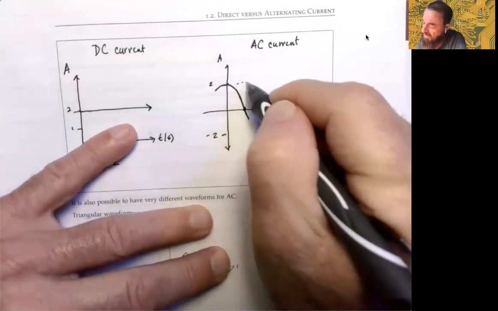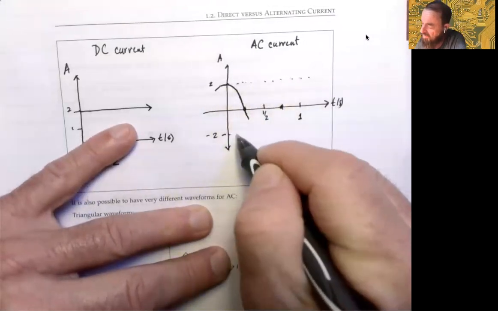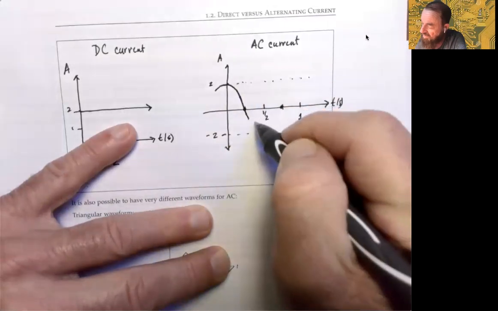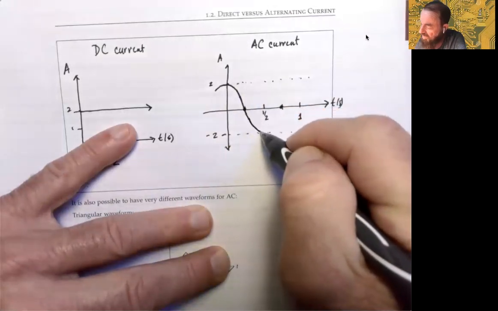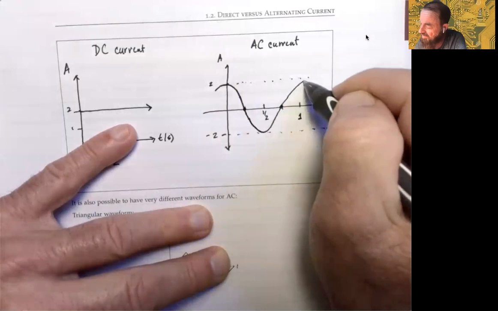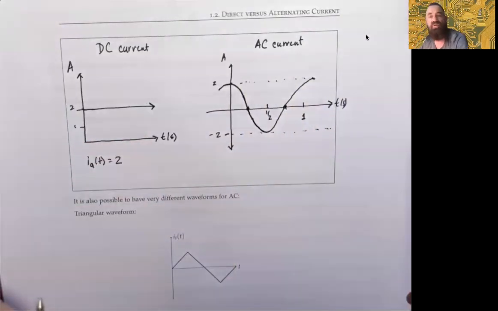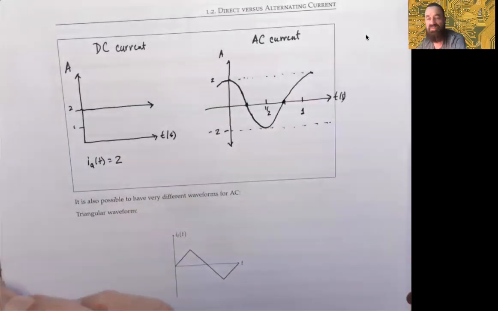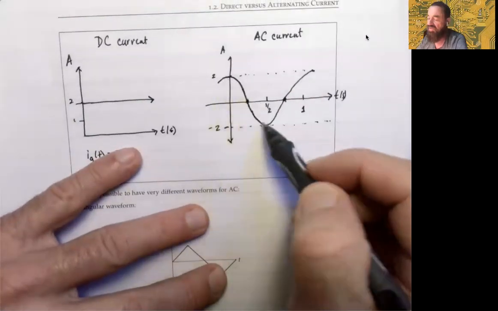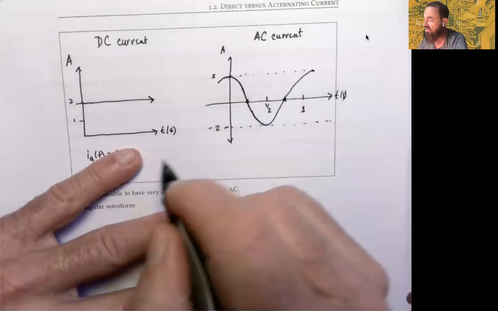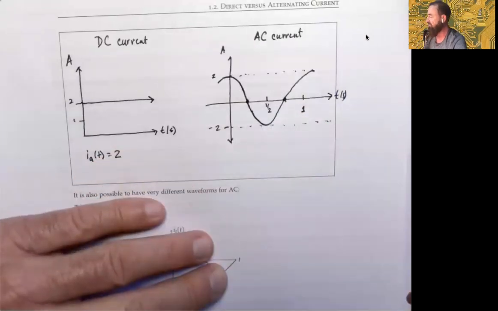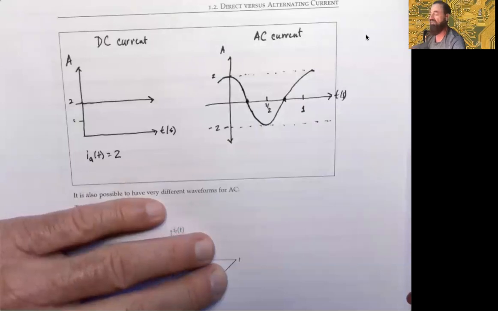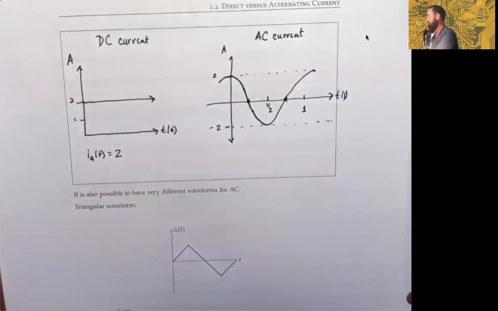So maybe we'll illustrate that typically you will have a very trigonometric kind of behavior here, sine or cosine. In this case, it looks like more of a cosine curve, because at time 0 we're up at 2, not at 0. So this is typically an indication of what you might have with an alternating current versus a direct current.